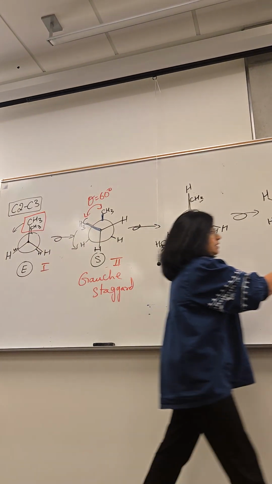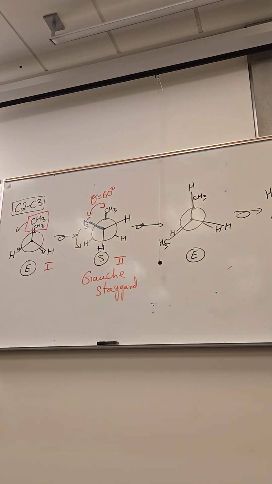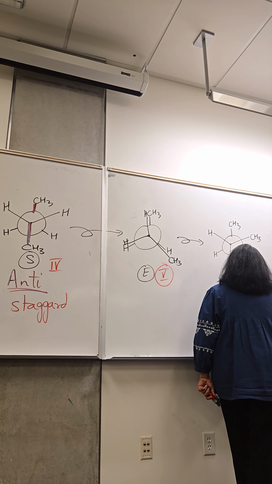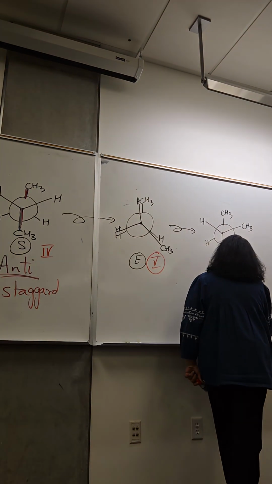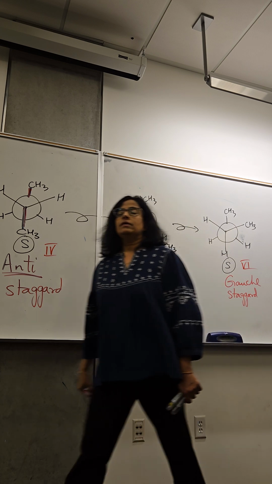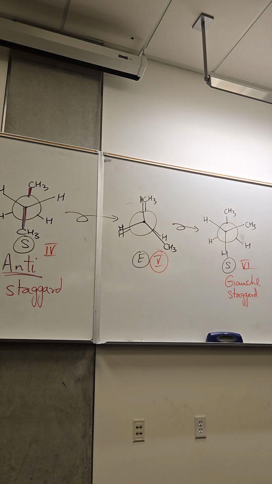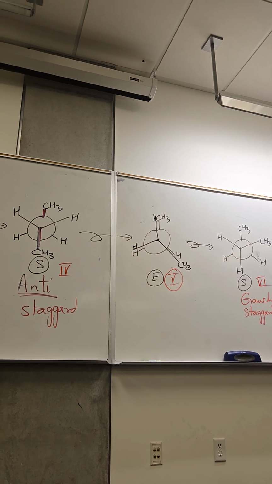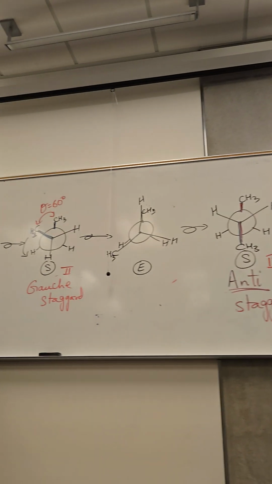So of course, that's also a gauche. So there's anti-staggered when the biggest groups are 180 degrees away from each other, gauche staggered when those are 60 degrees away from each other.